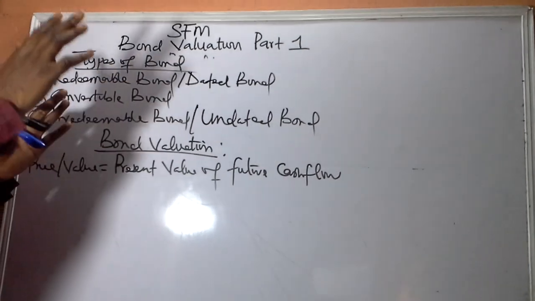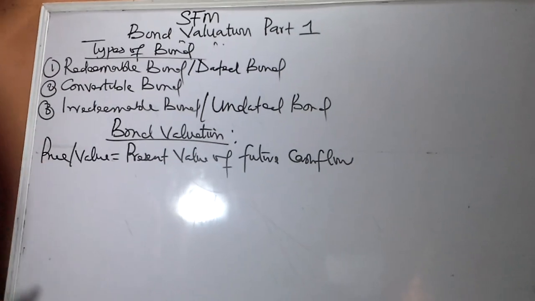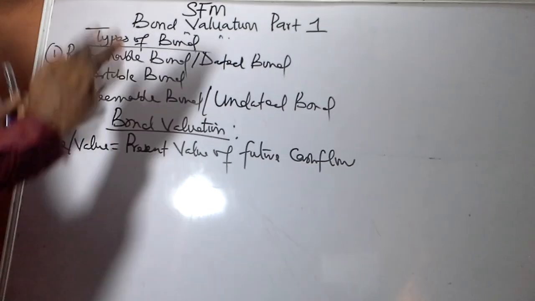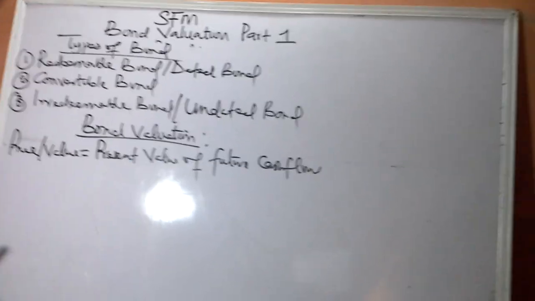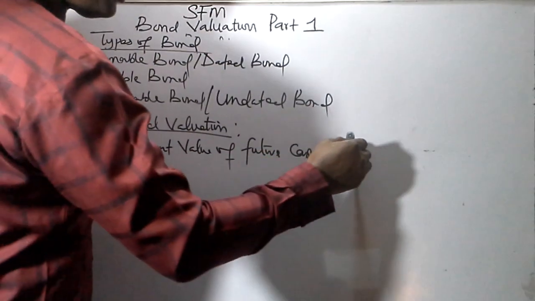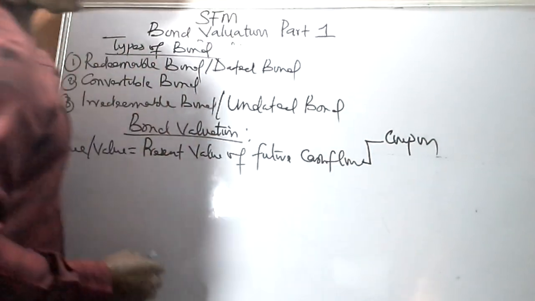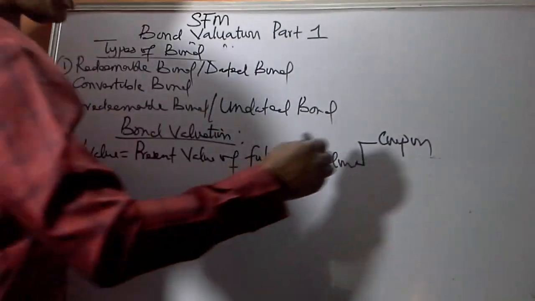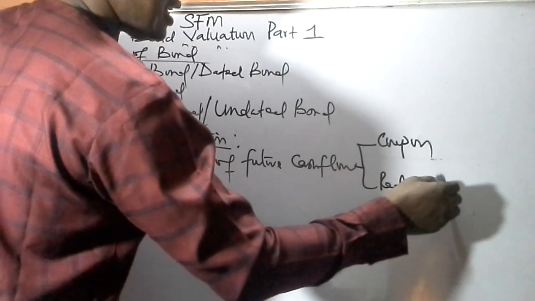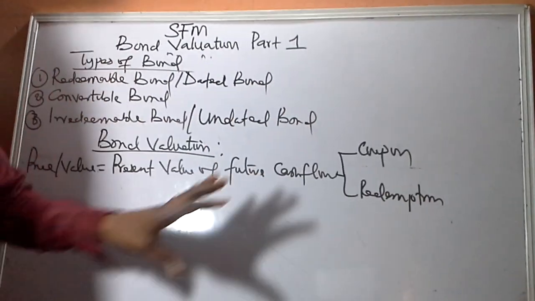Please, we are talking about a dated or redeemable bond now. Now, there are 3 things here. One is the present value. Two, the future cash flows. And the future cash flows here include the coupon, the annual coupon that the bondholder will get, and the redemption value. So these are the 2 cash flows in the bond.